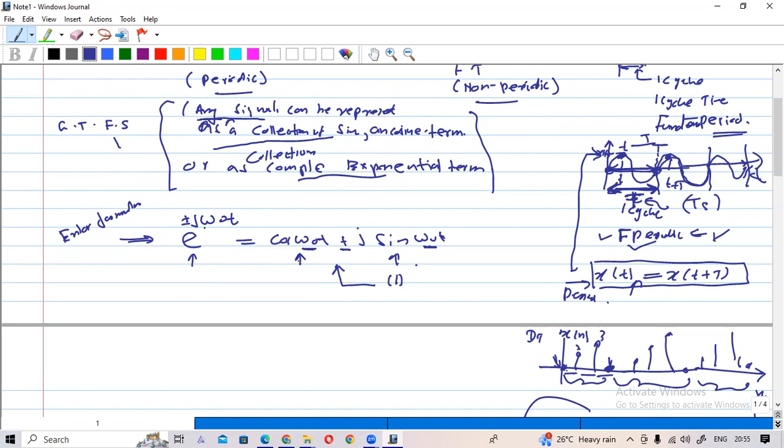So e to the power j omega naught t also has only one frequency component, in other words, one harmonic. That is why we can represent a signal as a collection of sine or cosine terms as well as a collection of complex exponential terms, because a complex exponential term also has only one frequency component. So try to understand it.